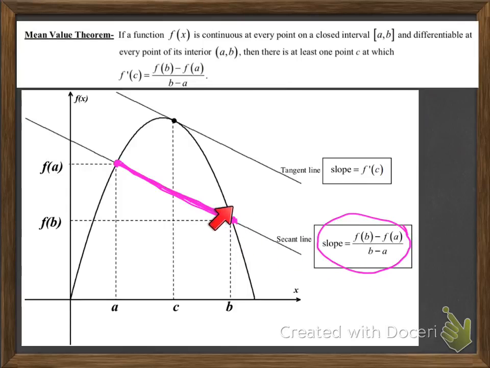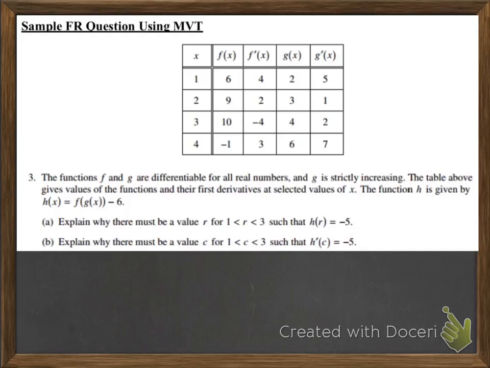We need this point and we need this point. So related to this problem, if we're looking at between 1 and 3 and we're looking at h, what we need to figure out is what is h of 1 and what is h of 3.